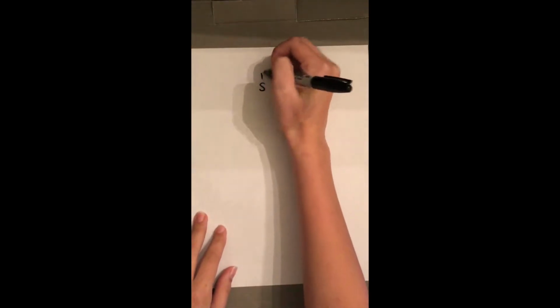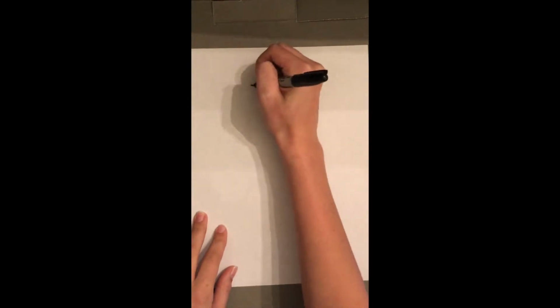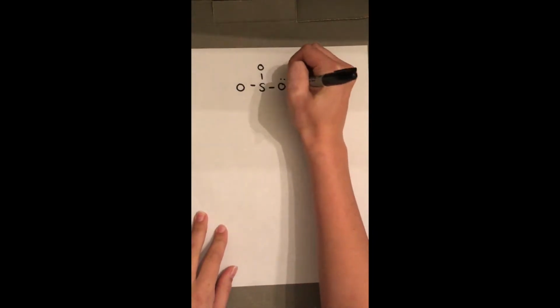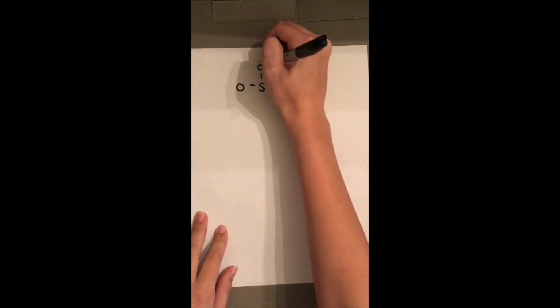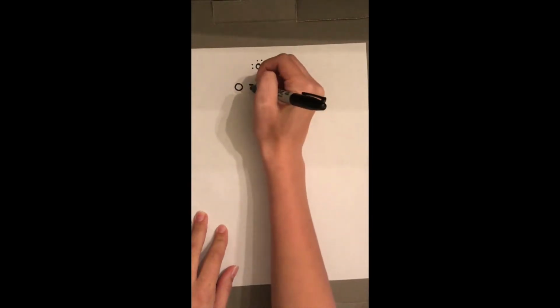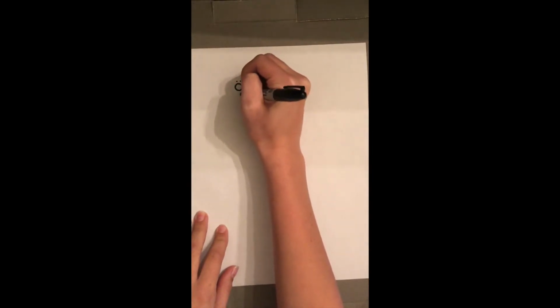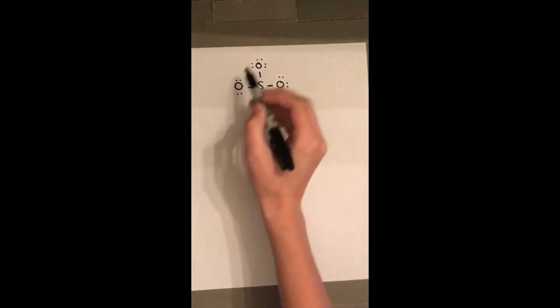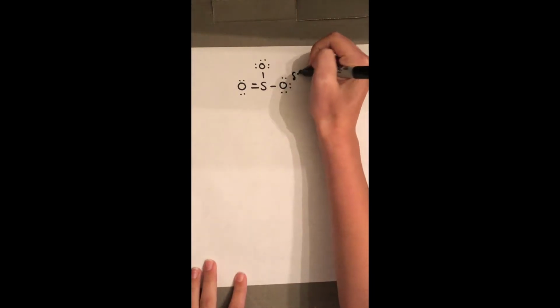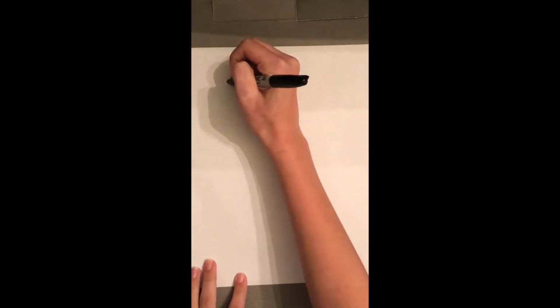So you have your S, your O, and your other O, and you have these electrons, but on this one you'll add a double bond and you'll only have 4, but these all create octets. The highest electronegative atom will have a partial negative charge, and in this case that is O. So we'll have partial negatives on all the O's.